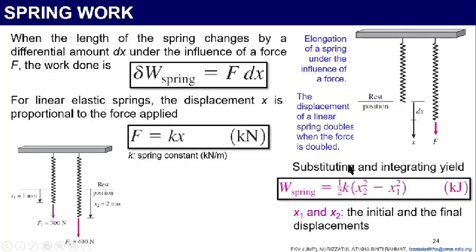Integrating these two equations, we will get W spring equal to 1 over 2 k (x2 squared minus x1 squared), where x2 is the final displacement and x1 the initial displacement. The SI unit for work is kilojoule.